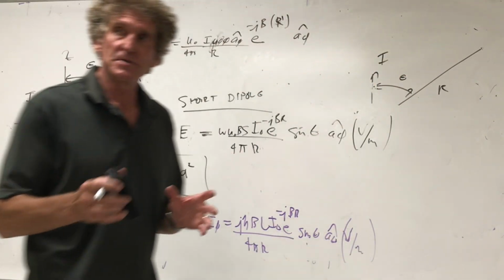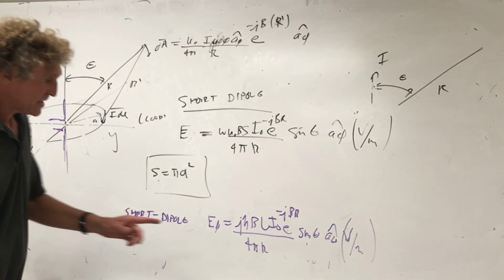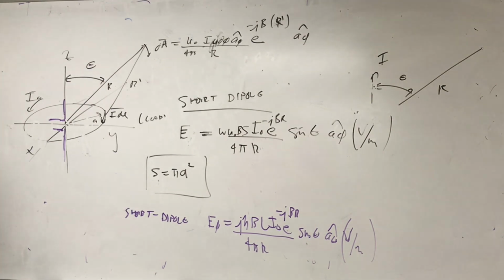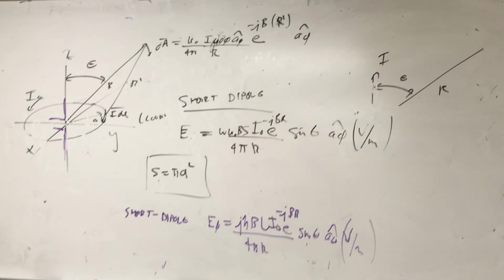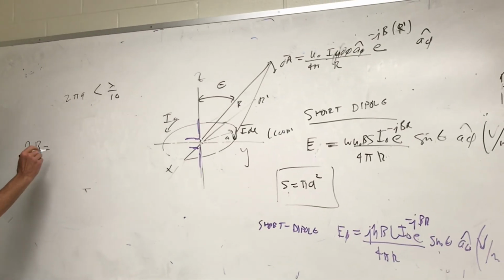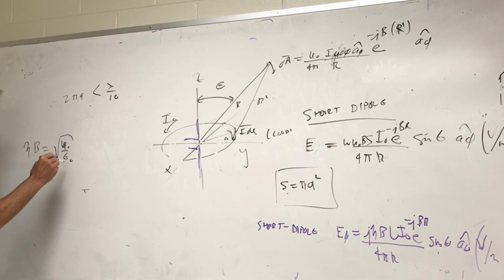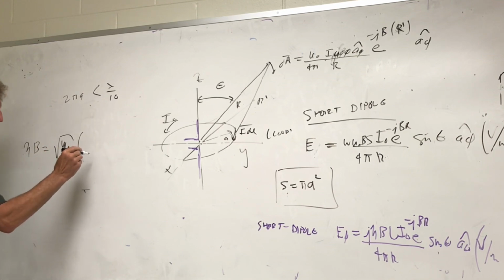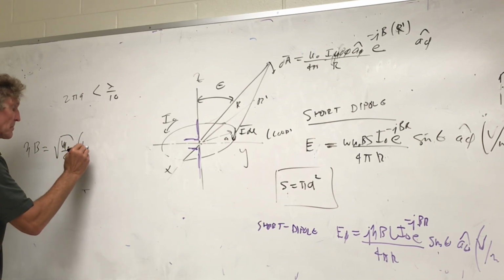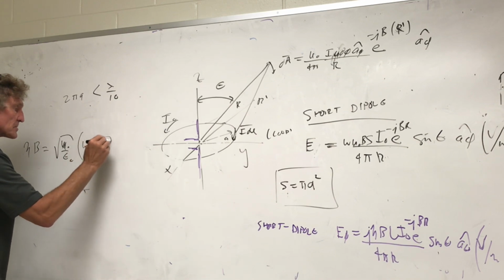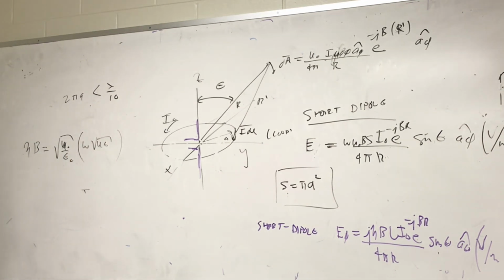I'm going to try to get your attention, this is something that's important to at least appreciate. You see how you have eta beta? Well, look, eta times beta, well, eta is equal to square root of mu over epsilon, mu naught over epsilon naught for free space. Beta is what? Well, beta is omega times square root of mu epsilon, right? I'm just making sure you see the reasoning behind what I'm showing you.